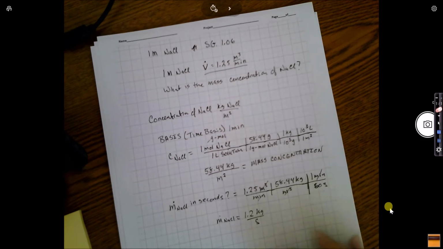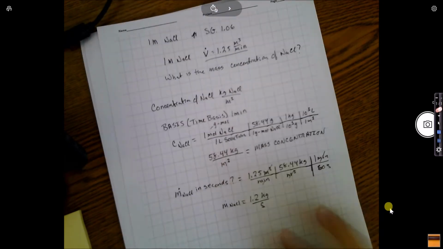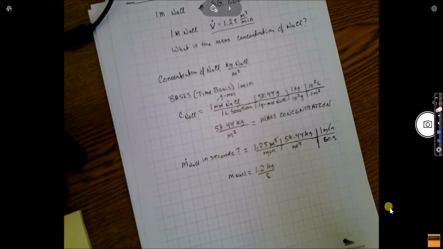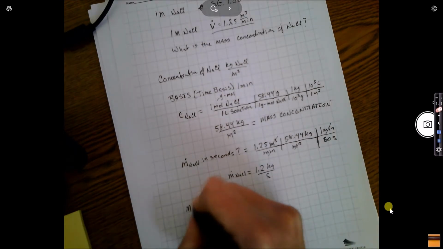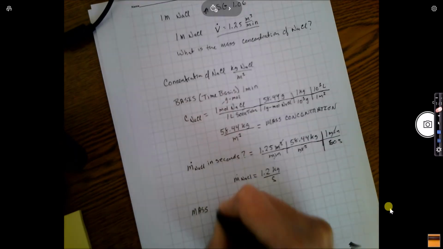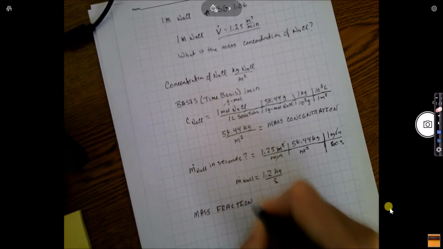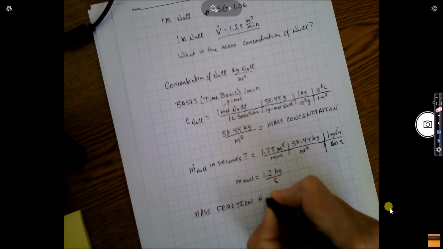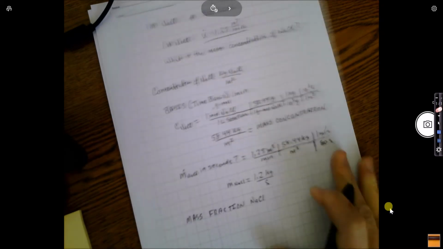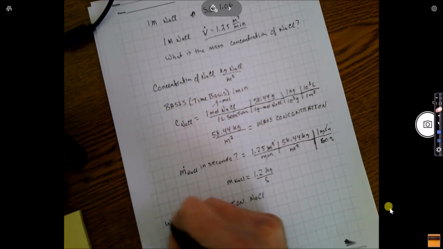Now, to tie everything together with other concepts we've talked about today, why don't we talk about the mass fraction of sodium chloride in our solution? So what's the mass fraction? Let me write. What is that?